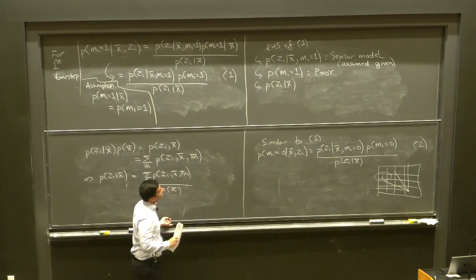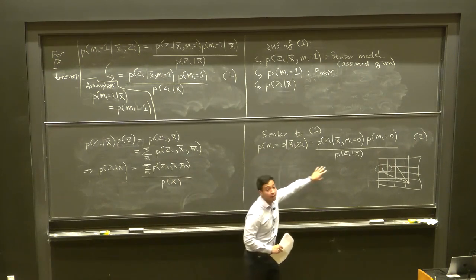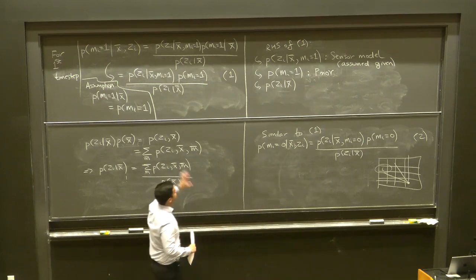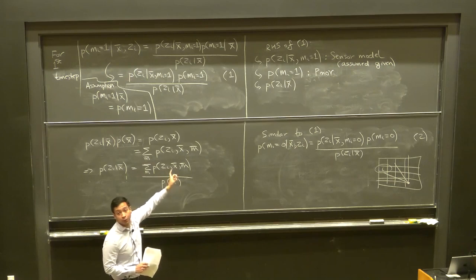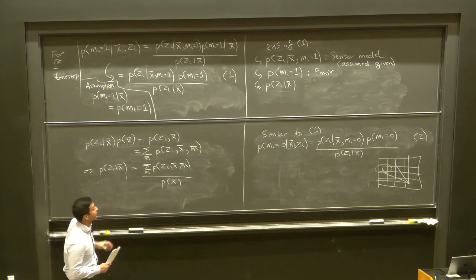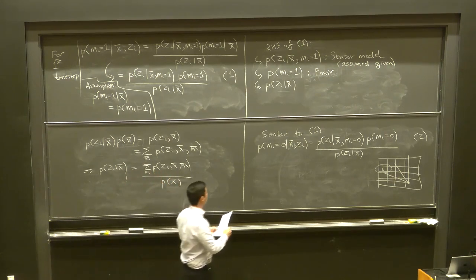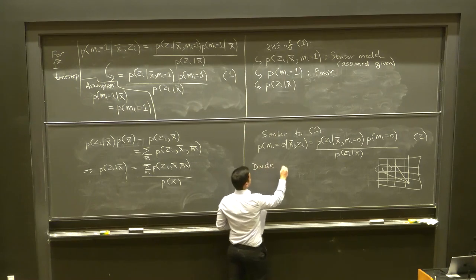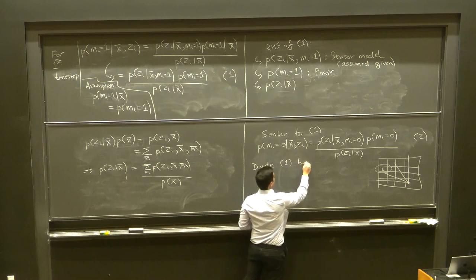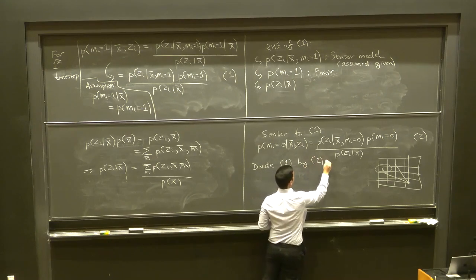Okay, so the trick to not calculating this denominator term is to look at the ratio of 1 and 2, and that term is going to cancel out. So we divide 1 by 2.